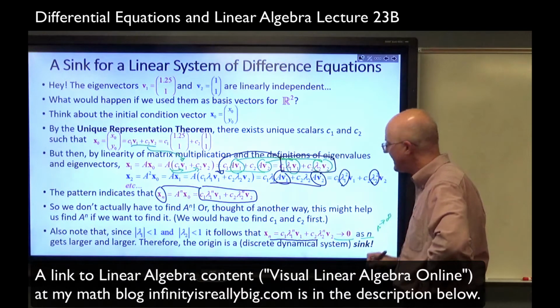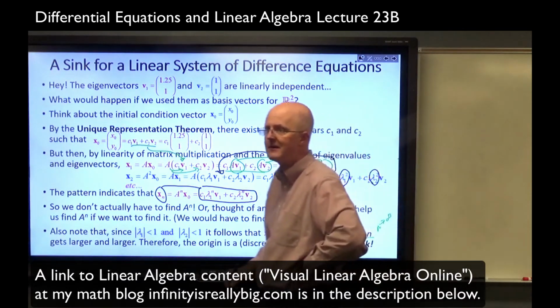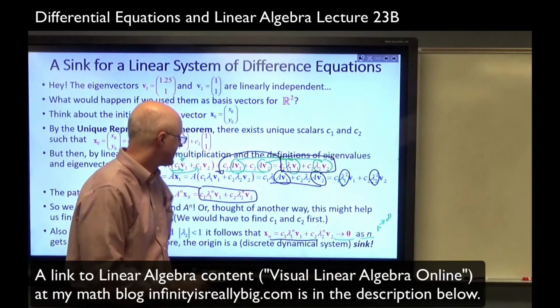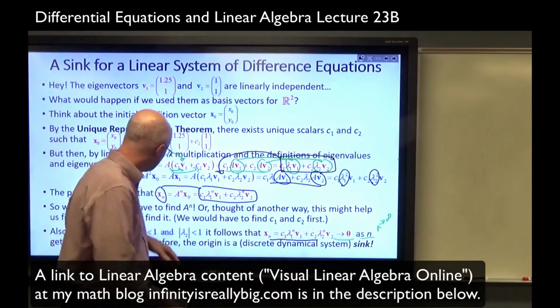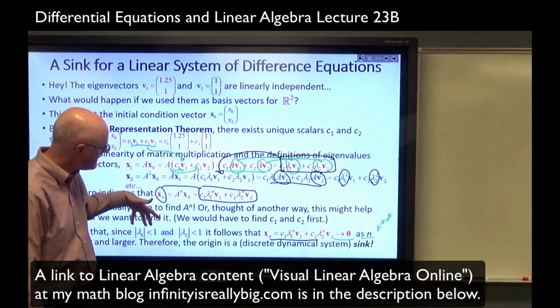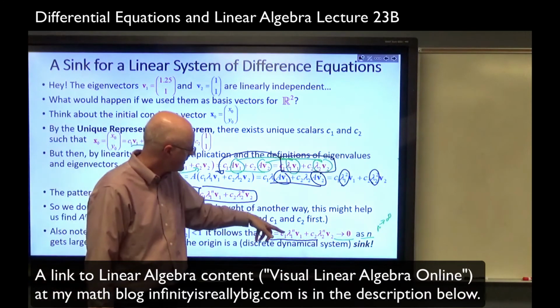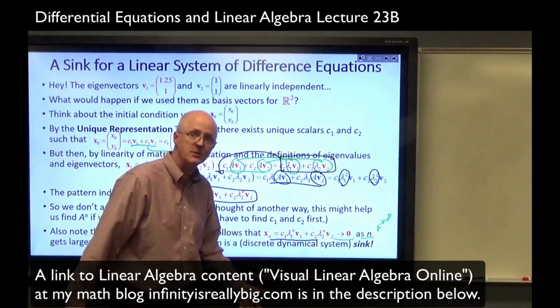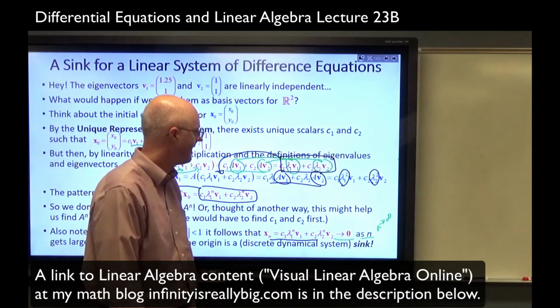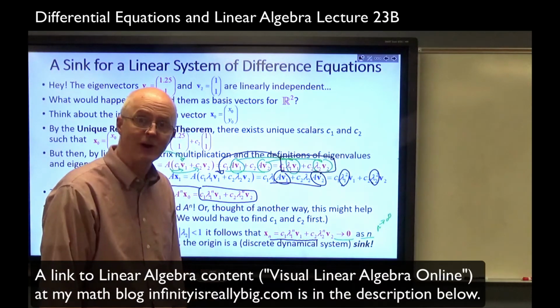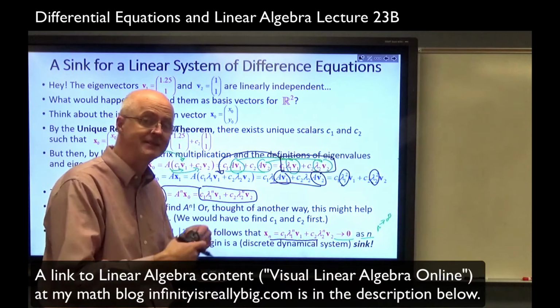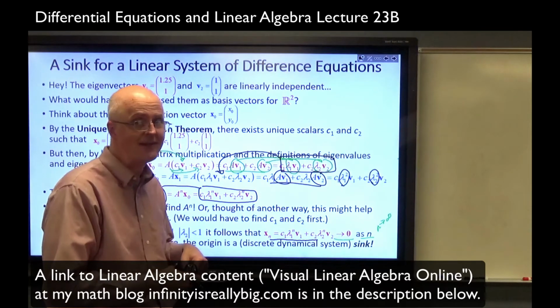This is a limiting kind of thing I'm thinking about here. A limit. Because when you've got two numbers that are between -1 and 1, when you raise them to the nth power, they keep getting closer and closer to 0. Try it. It even works if lambda 1 and lambda 2 are complex numbers and their distance to the origin is less than 1. Maybe you want to try that too.